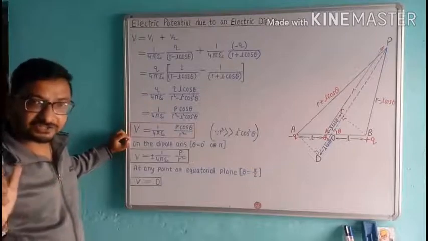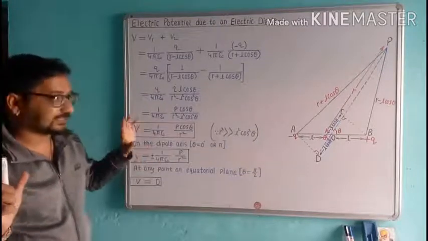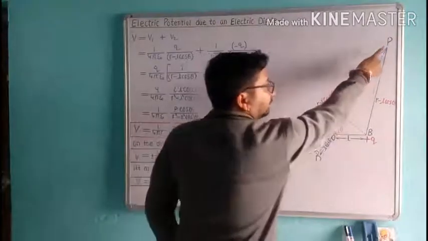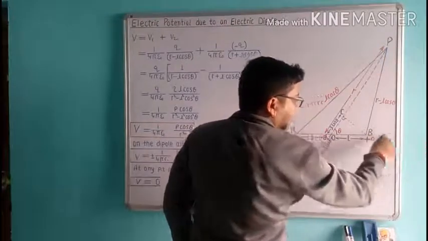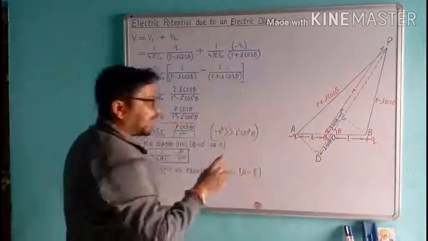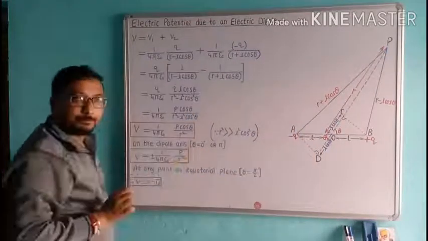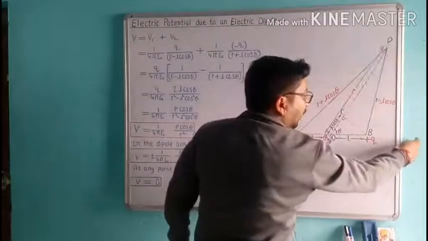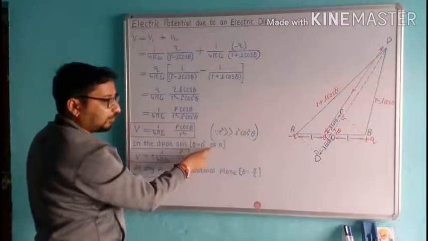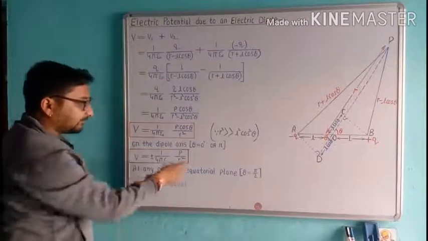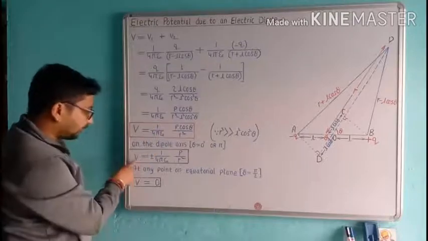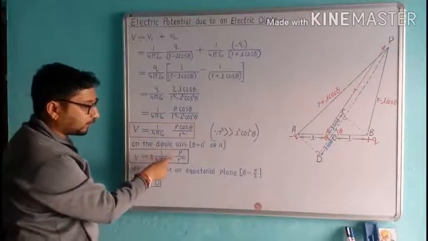Now we apply the conditions. Condition number 1: on the dipole axis. If point P lies on the axis of the dipole, that means theta becomes 0 or pi, so theta can be 0 degrees or 180 degrees. Put theta equal to 0, cos 0 is 1, and you get V equal to plus 1 upon 4 pi epsilon naught, p upon r square.